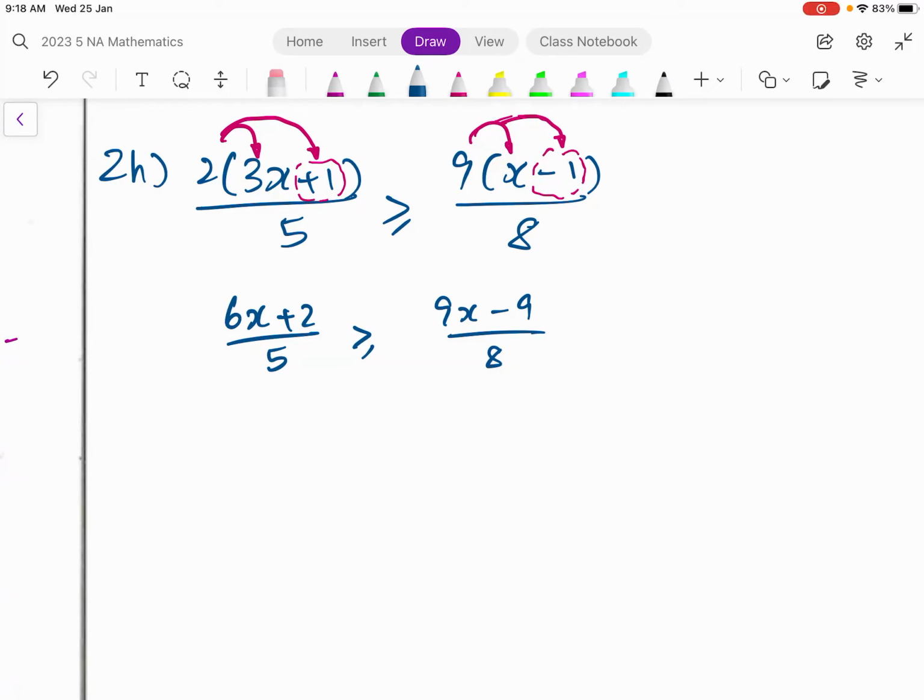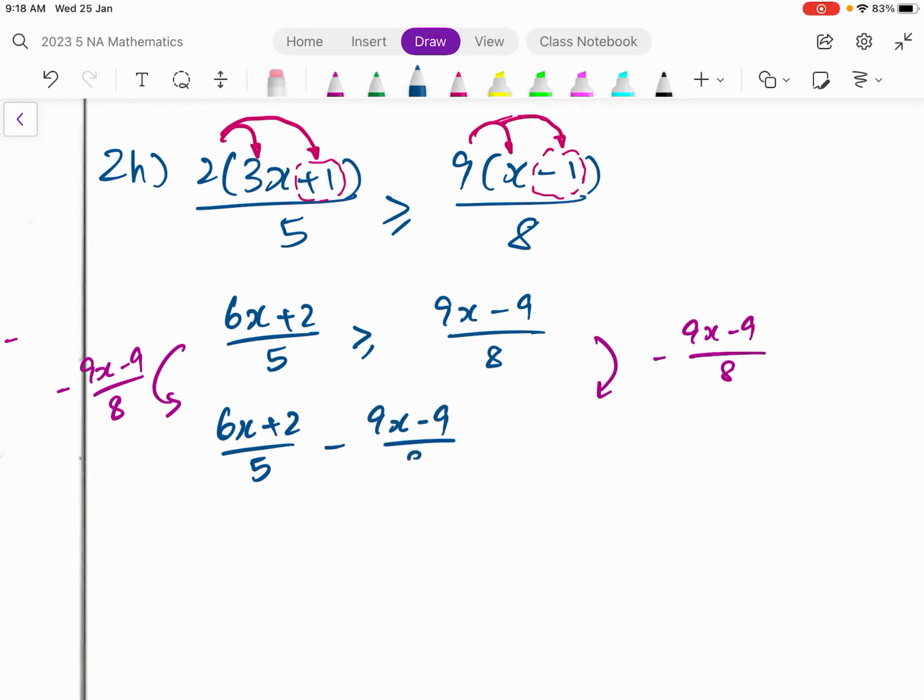So what I can do now is, on both sides, subtract your 9x minus 9 over 8. So this will result in 6x plus 2 over 5 minus 9x minus 9 over 8 greater than or equal to 0. Okay, so this is one approach you can have.